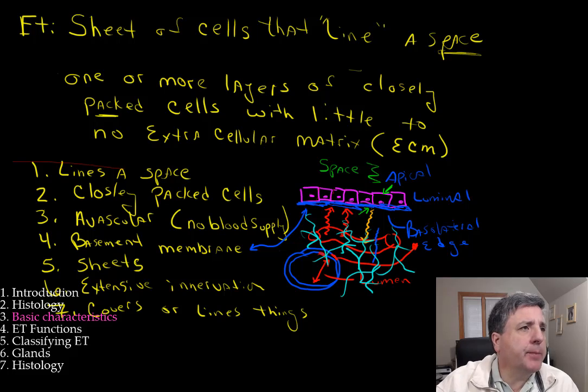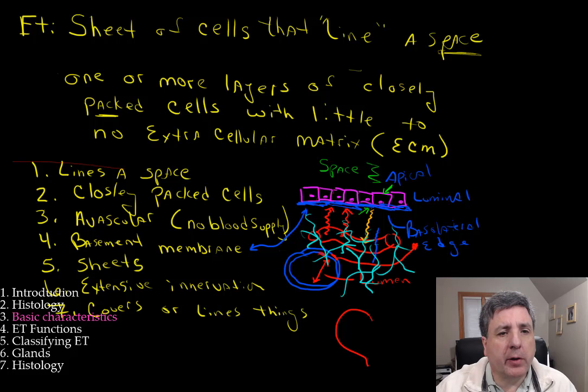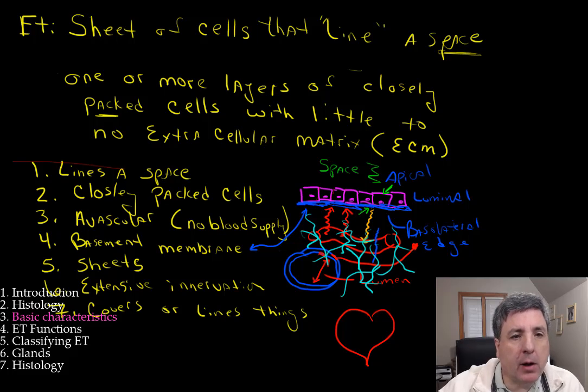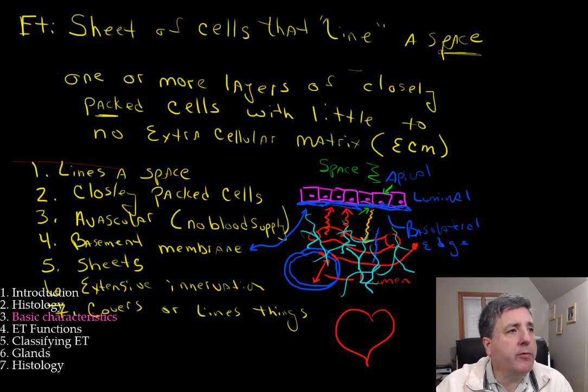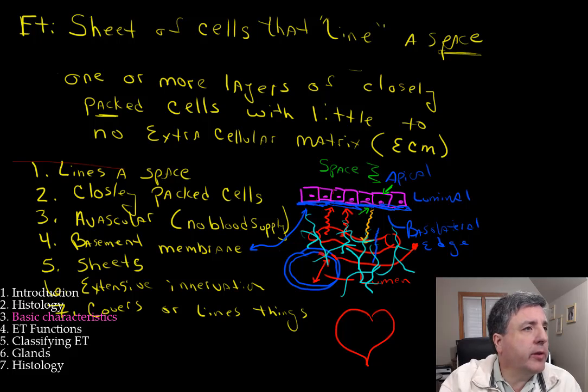Let's just do this one here. Okay, not a great artist, but I think you can figure out that that's the heart. Now we have epithelial tissue that lines the heart. Let's just do this in pink.